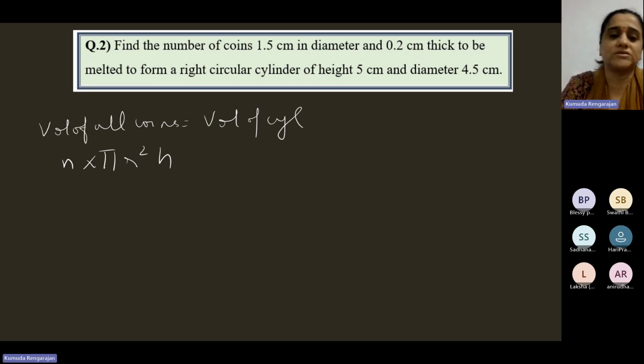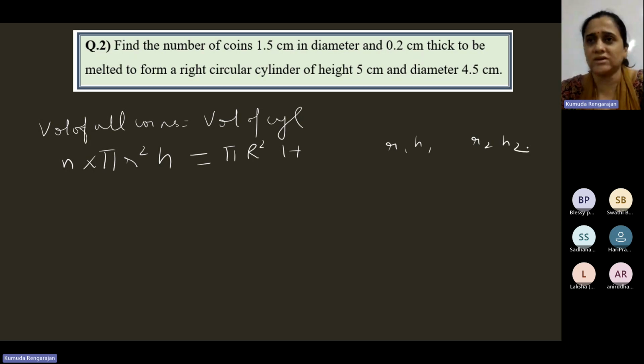This is equal to the volume of that cylinder. Now there are two cylinders in this question, so you cannot write pi small r square and small h. You can use pi capital R square and capital H, or you can use R1, H1 on one side and R2, H2 on the other side, to differentiate.